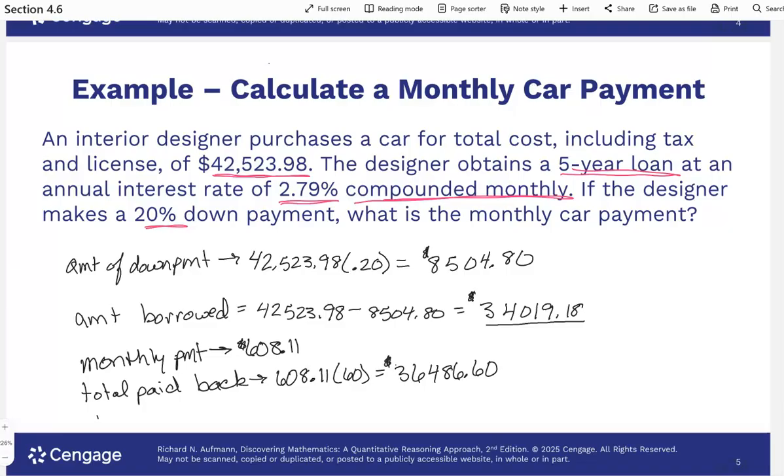So if we want to find the amount of interest paid, then we're going to take that total that's paid back and subtract how much was borrowed.